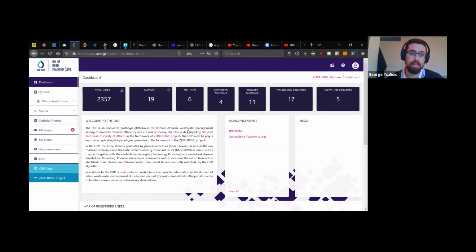On the left side, there is the option for the dashboard, the role that I have, searching the platform and its users, statistics about the users, messages, notes, etc. And I will go to each different option step by step.